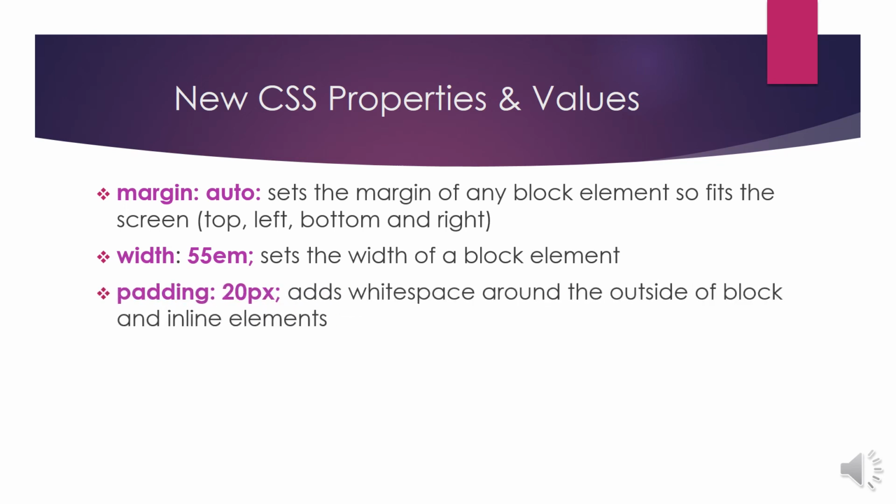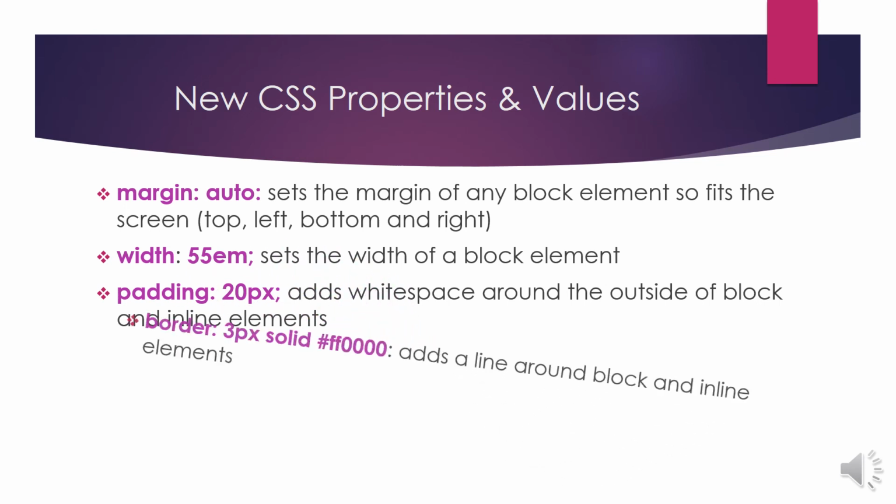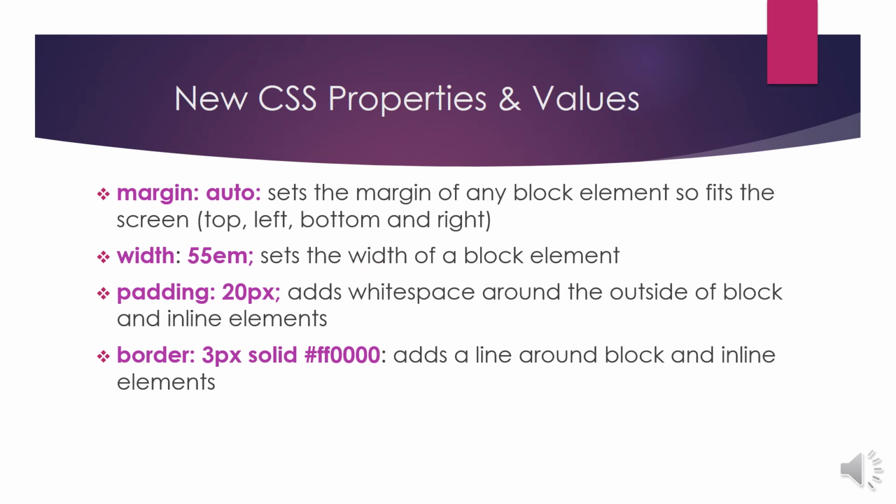Padding adds white space around the outside of block and inline elements. Border adds a line around block and inline elements. If you look at the border, it's border: 3px, which is the size or the width of your border. Solid means it's a solid border, and then you follow it by a color.